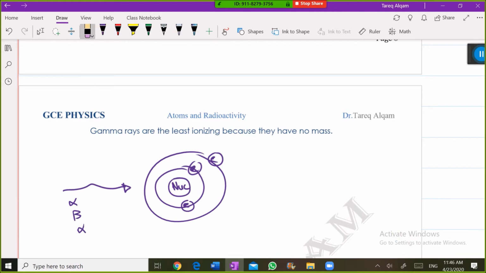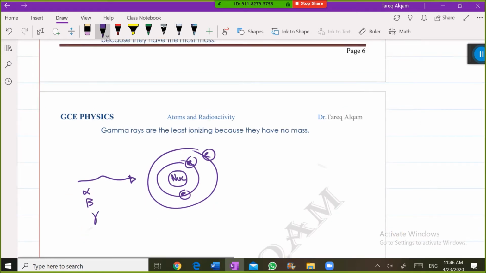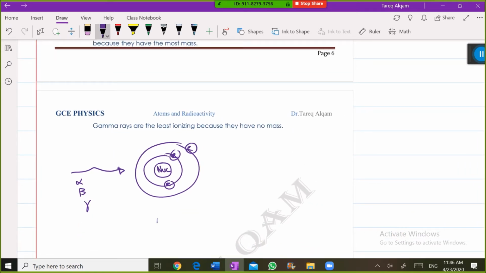As a result of this collision between the radiation and the atom, the radiation may knock off one or more of the electrons from the matter.